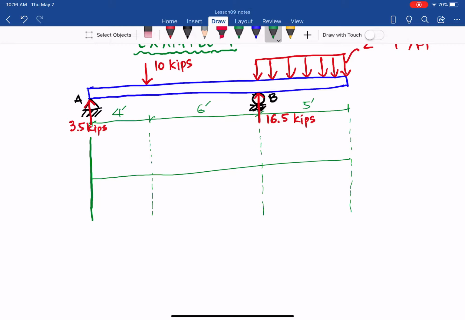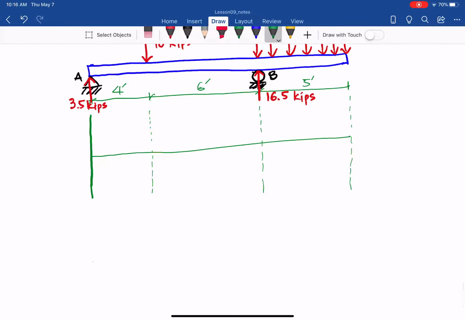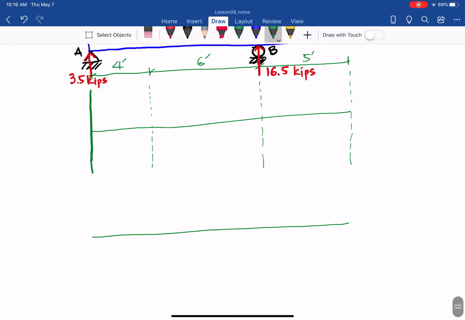And similarly, we also have the moment diagram, and you can have that line and continue.